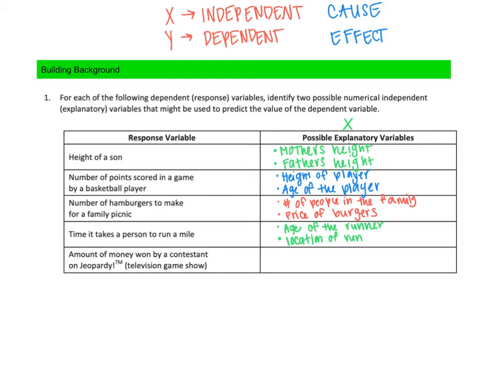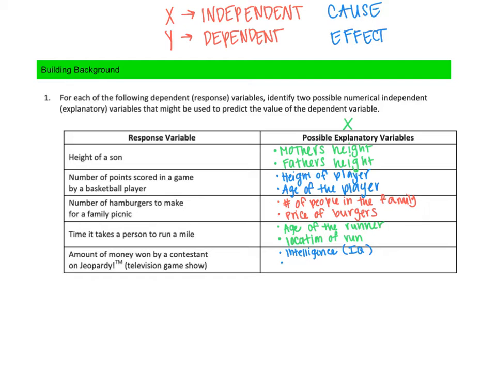Last one here, amount of money won by a contestant on Jeopardy. So the amount of money won by a contestant on Jeopardy, I would say their intelligence. Maybe their IQ. Right? Usually the smarter you are on Jeopardy, the more money you can win.